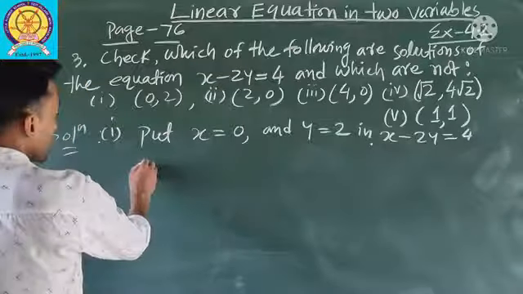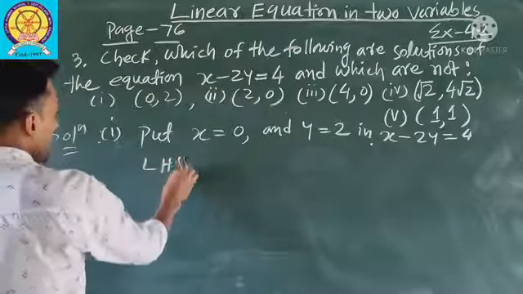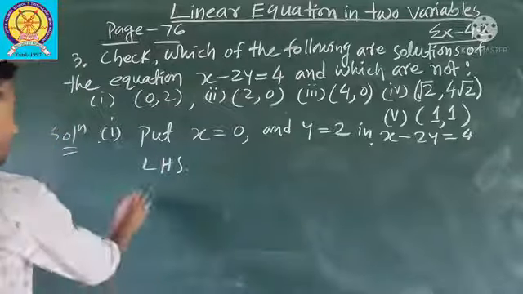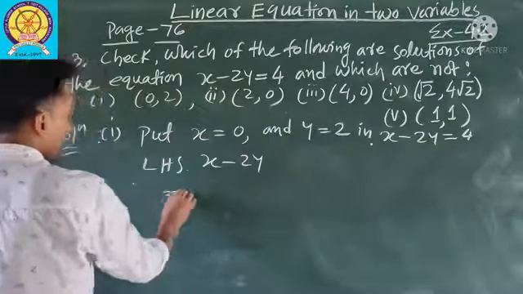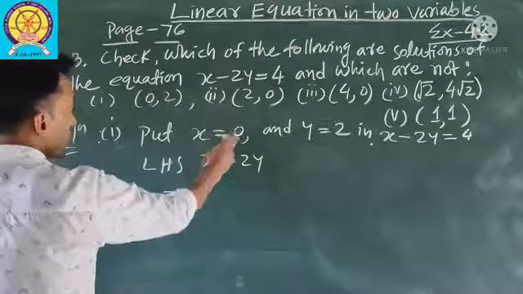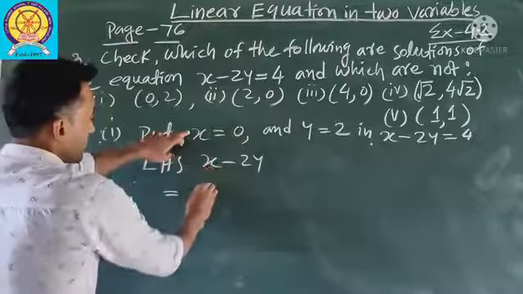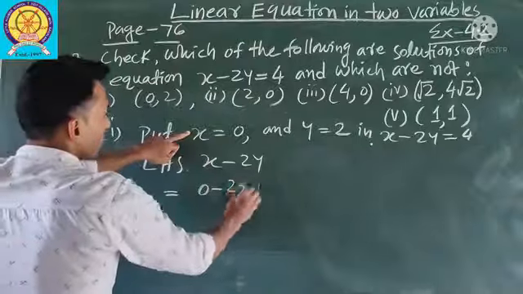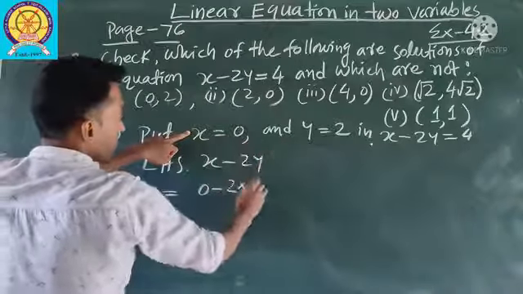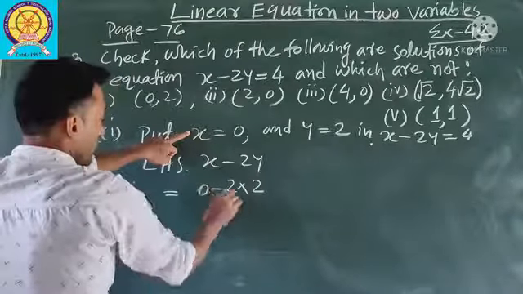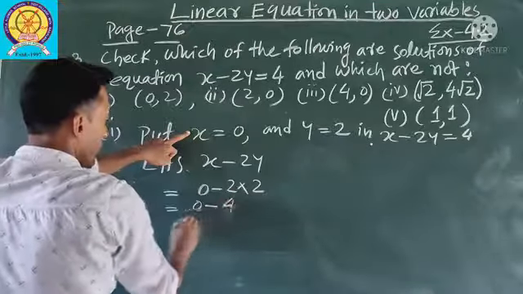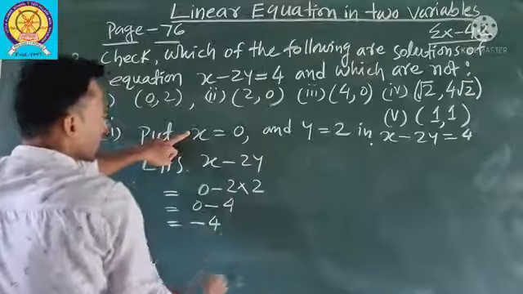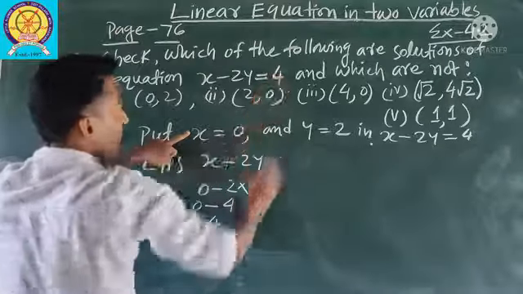So first you write the left hand side, x minus 2y. Put x is 0, minus 2, y is 2. So 0 minus 2 into 2 is 4. You will get minus 4, while the right hand side given there is 4.